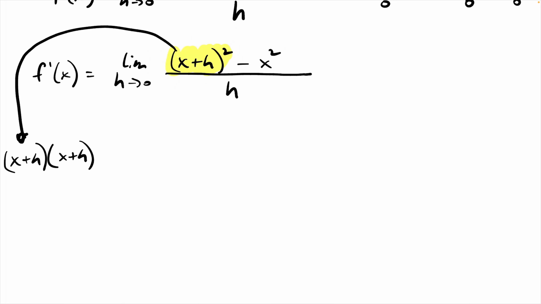When we're multiplying binomials, we multiply first, outer, inner, last. So first is x times x, outer, positive x times h, inner, x plus h, last, h squared.